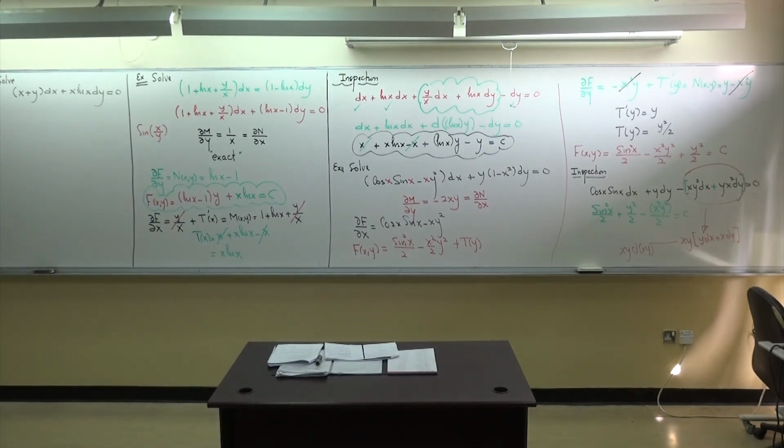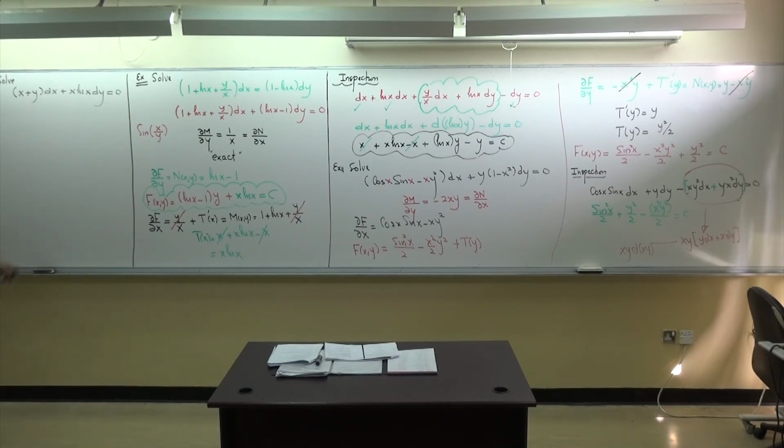If you're given a problem like this and you're asked to solve, طبعا again as of today عندنا 3 methods: separation, homogeneous and اللي هو exact. Clearly it's not separable لأن x زائد y فما يصير نستخدم طريقة separation. It's also clearly not homogeneous لأن فيها ln x.